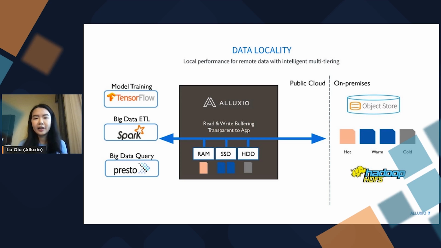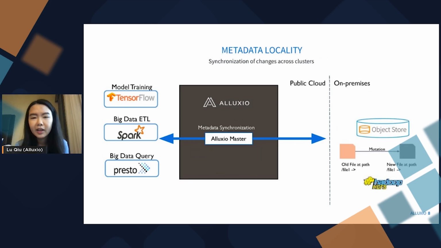By using Elastic, we can get the data from our remote object storage and cache it locally to provide local performance for repeated data access. Similarly, we can also cache the metadata locally.